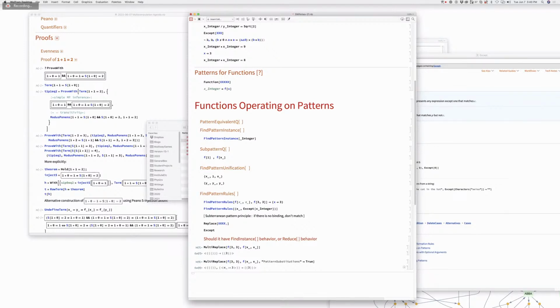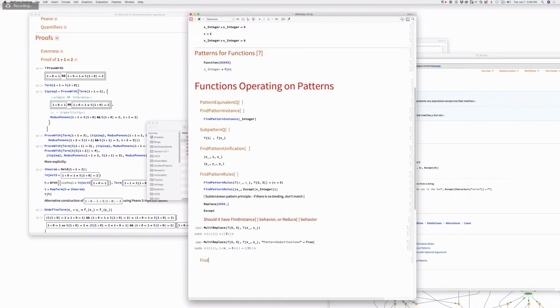Go ahead. I have one more suggestion for a function that would be really useful for Oleg-style computation. I give you two sets of expressions, and I want a pattern that matches everybody in set 1 and nobody in set 2. I see. I give you x squared, Bessel J of 5 comma x squared, and such things. Right.